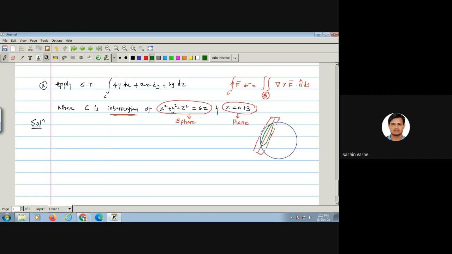And that is nothing but our curve C. And the region bounded, or the surface bounded by that circle, will be our surface S. Can you see this? Is this clear to everyone? Over this surface, we have been asked to evaluate the surface integral or use the Stokes theorem.